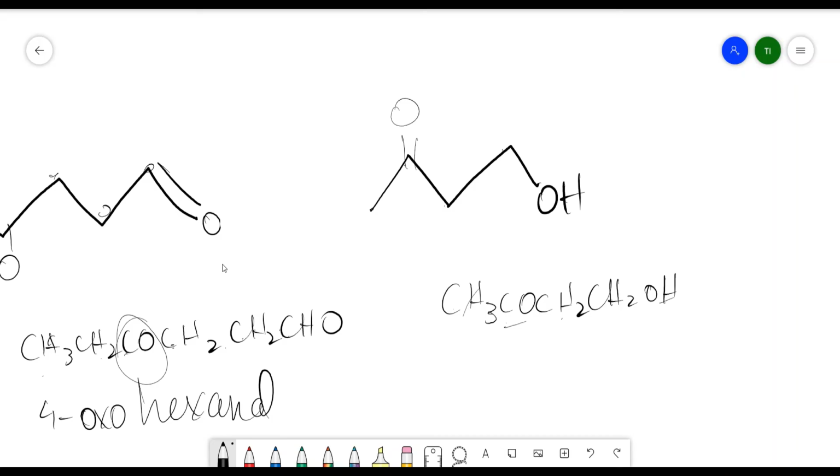So there's 1, 2, 3, 4, so butan-2-one, and because there's an alcohol present that is treated as secondary because of the priority grouping, it'll be hydroxy. In this case, you're giving more priority to the ketone, so counting 1, 2, 3, 4, this would be 4-hydroxybutan-2-one. Okay. I hope you understood.